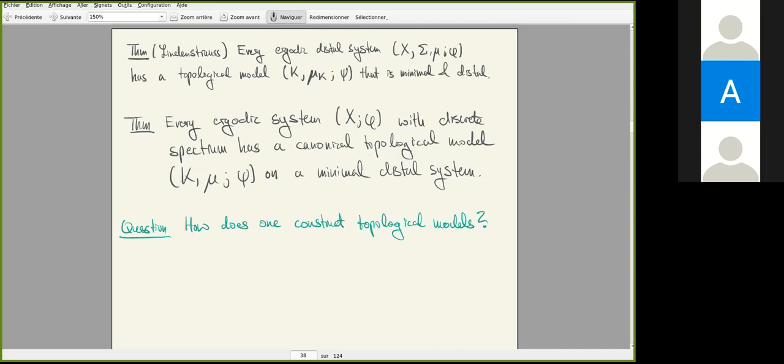But isn't it the case that an ergodic discrete spectrum system is a minimal rotation? I don't understand why this is new. It's not new, no, it's not at all new. I'm not claiming it's new. Would you agree that at least this case, the canonical representation is known?